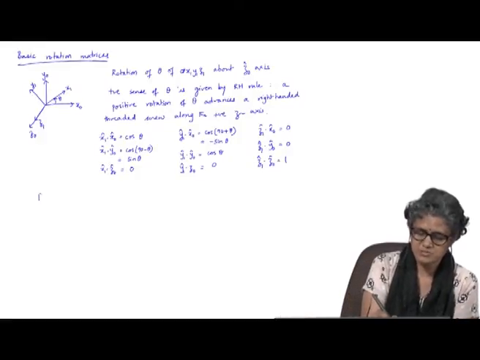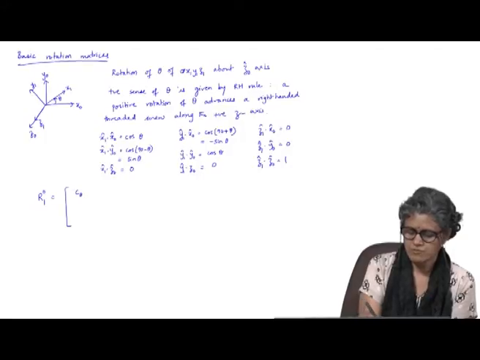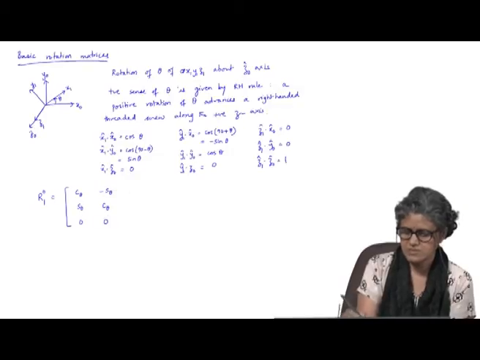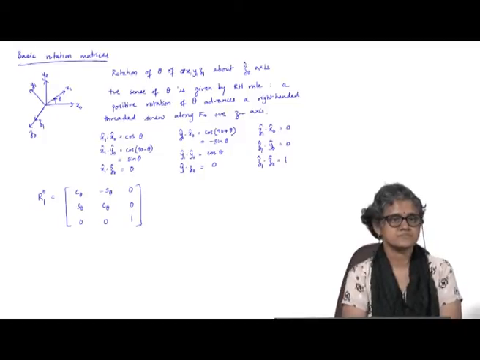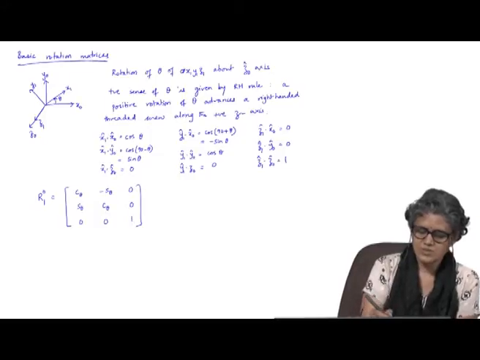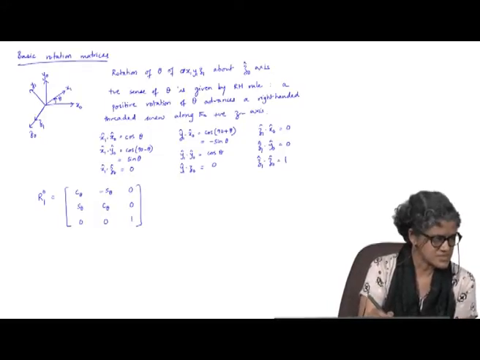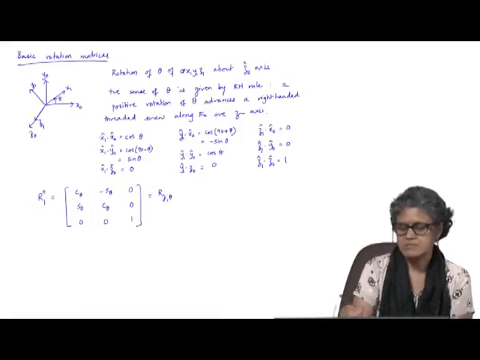Okay. So, my rotation matrix relating 1 with 0 is, in short form we will write cos theta as c subscript theta: c theta, s theta, 0; minus s theta, c theta, 0; 0, 0, 1. Since this is a special rotation, we will call this r z theta.